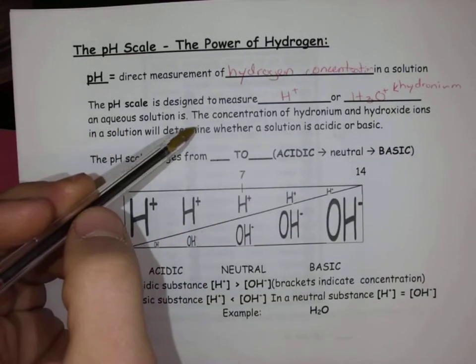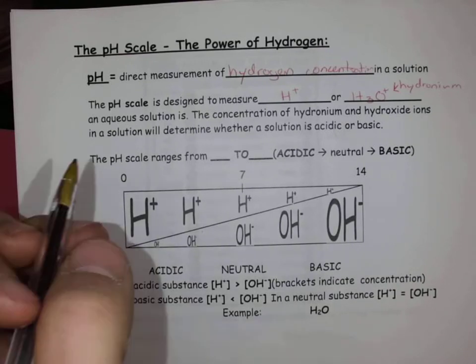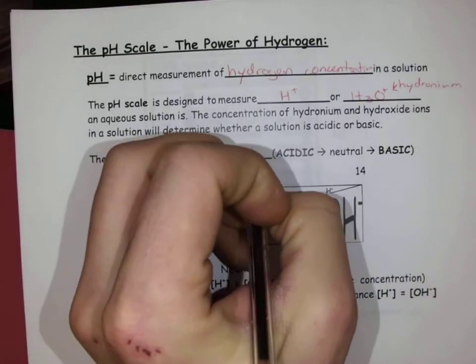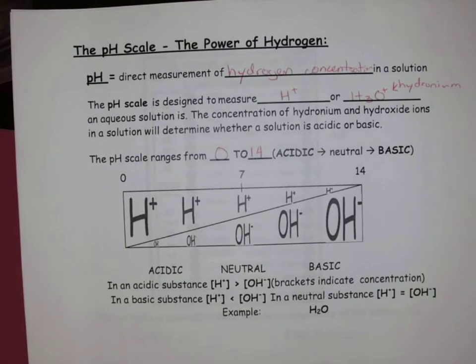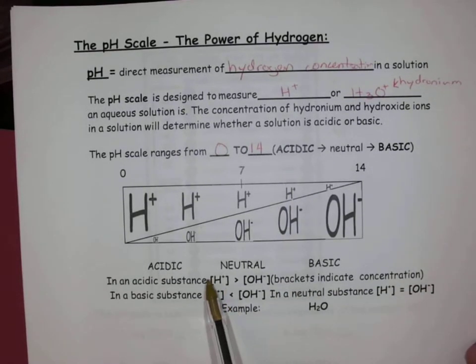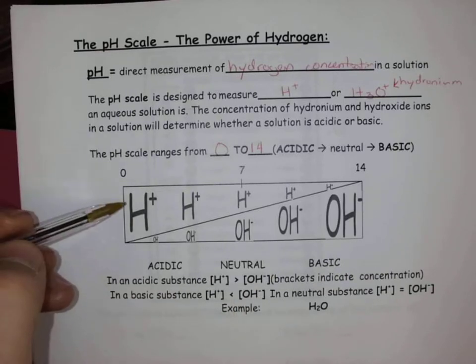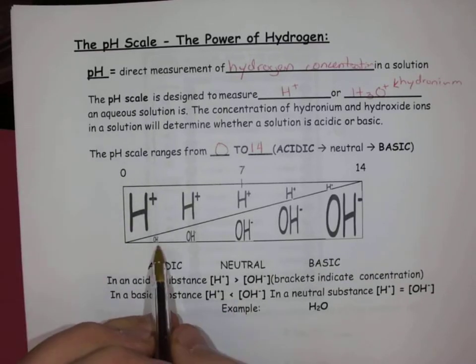The concentration of hydronium or hydroxide ions in a solution will determine whether a solution is acidic or basic. It generally ranges from 0 to 14, but we'll see some exceptions. Our square brackets indicate concentration. In an acidic solution, our H+ concentration is greater than the OH- concentration, so we've got lots of H+ and very little OH-.